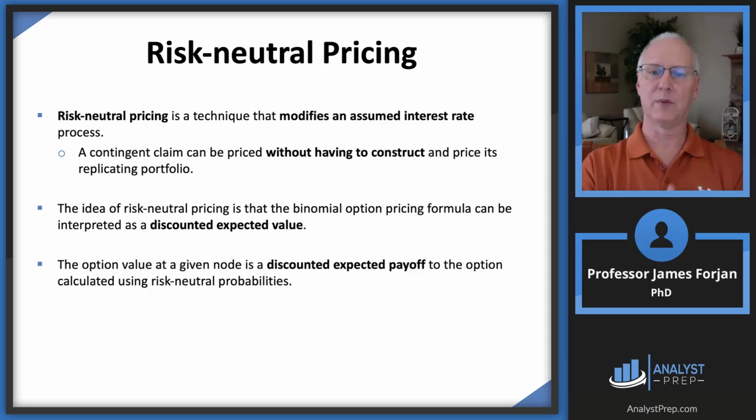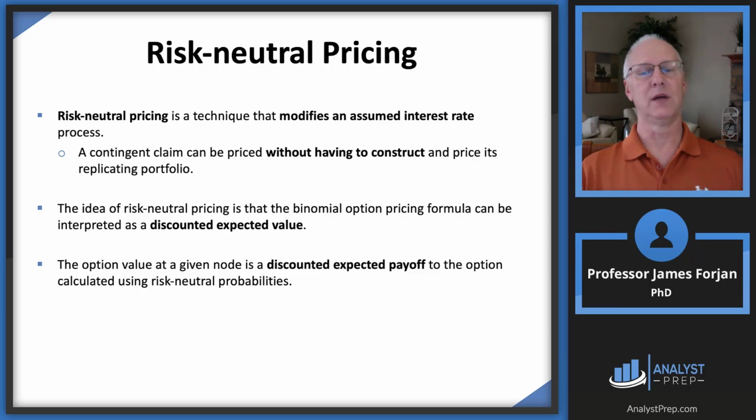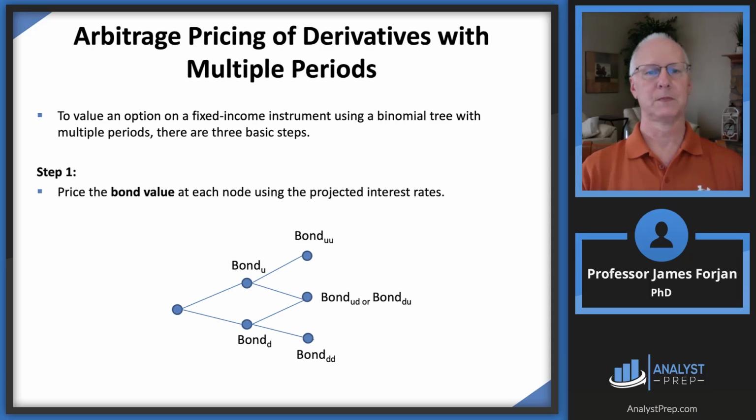Now, it was relatively simple in that example that we used, but it can get much more complex. We like this risk-neutral pricing because in the binomial option pricing formula, it's interpreted as the discounted expected value. Of course it is. All right, how about if we extend this to multiple periods? I think there was one learning objective that asks us to do this.